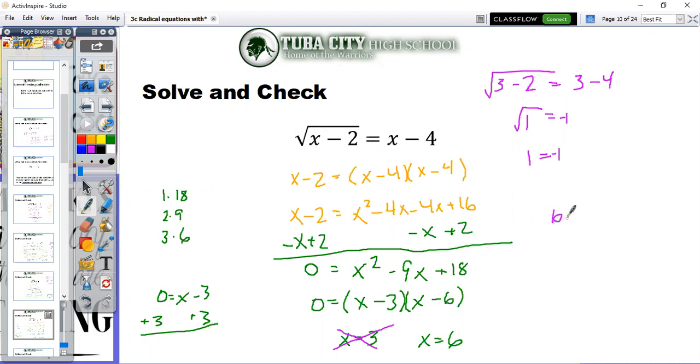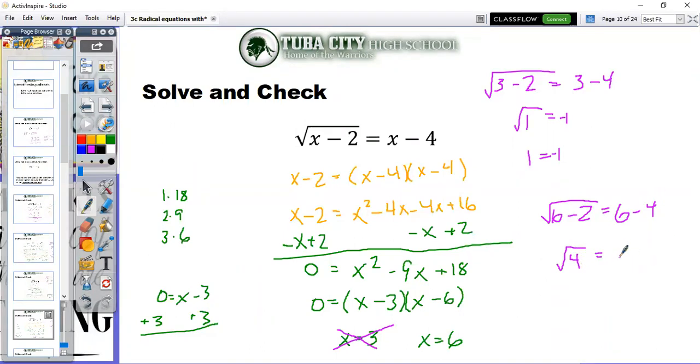So 6 minus 2 equals, and 4. Oh wait, I need to put 6 in there, not x. 6 minus 4. Okay, now let's see if it works out. So 6 minus 2 is 4. So root 4 equals 6 minus 4.